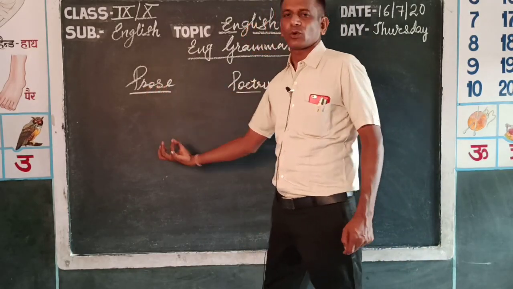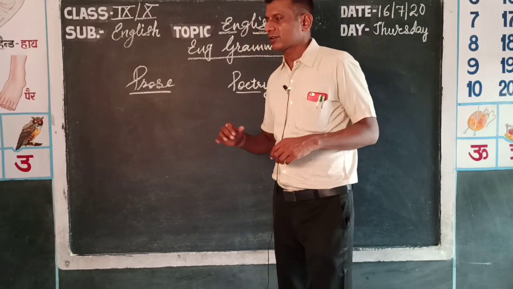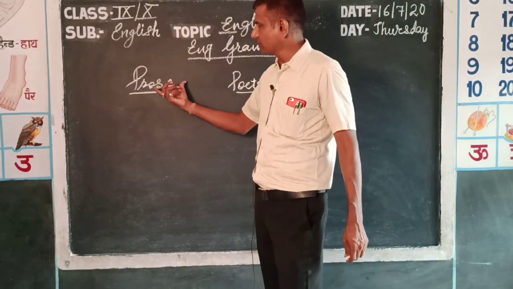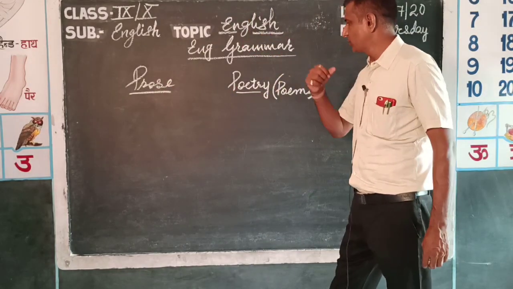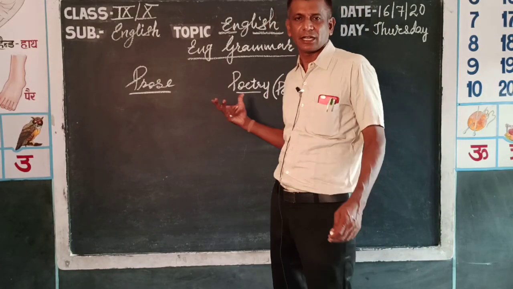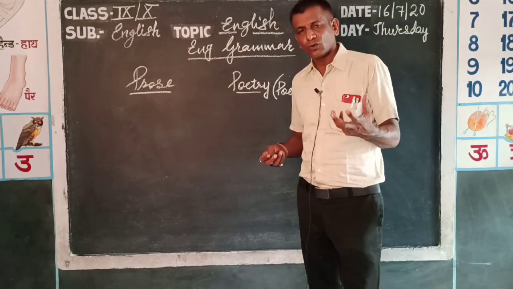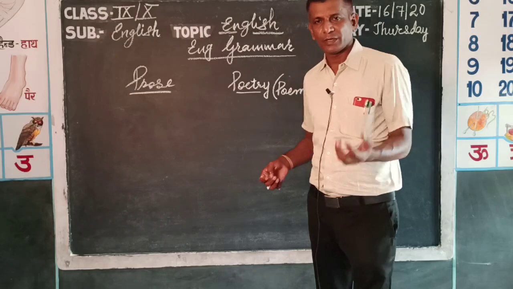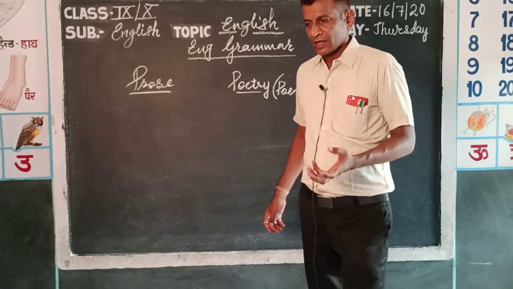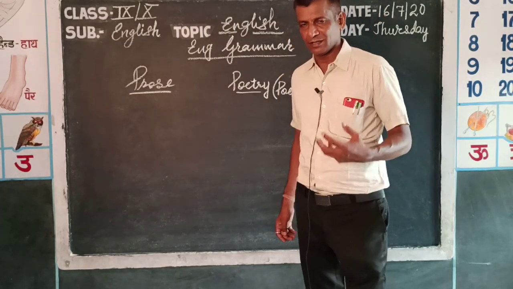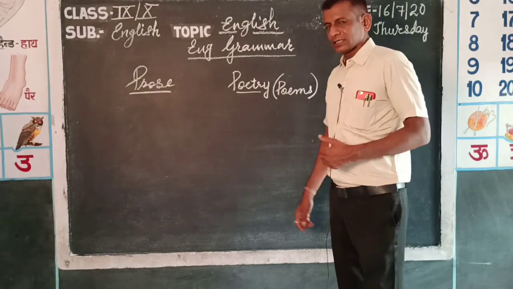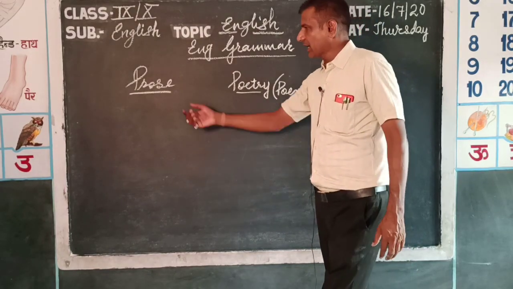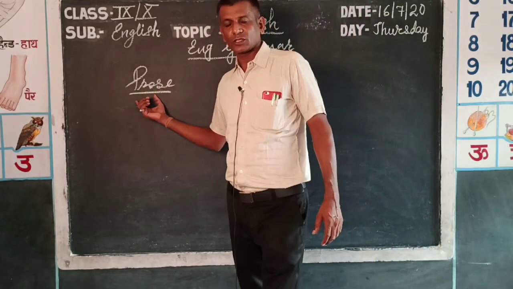Somewhere you will see the prose part. What do you understand from this prose part and what do you understand from the poetry part? Poetry part, you know the poems you people have been singing, you have been rhyming since your nursery class, and the other part is the prose part.